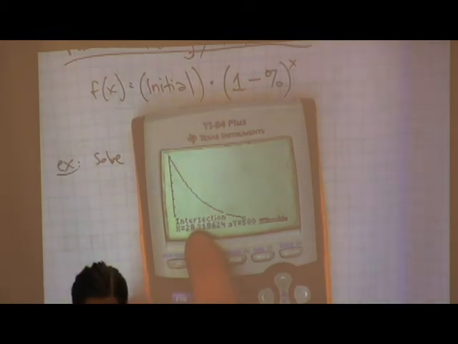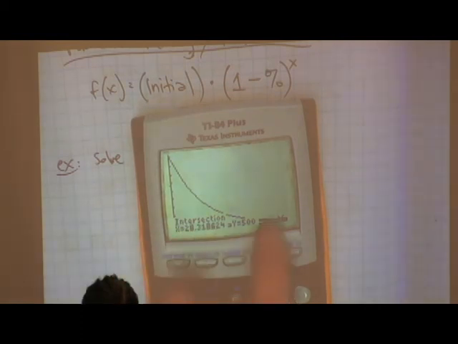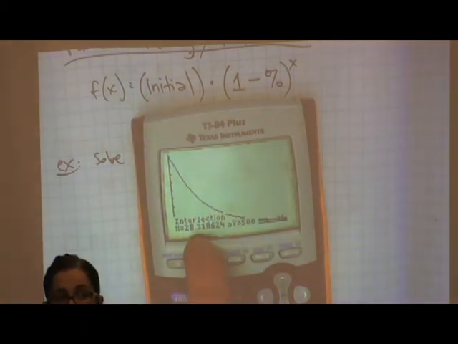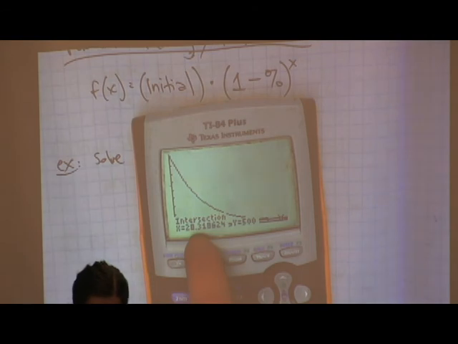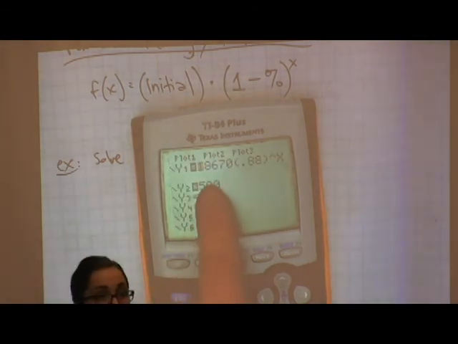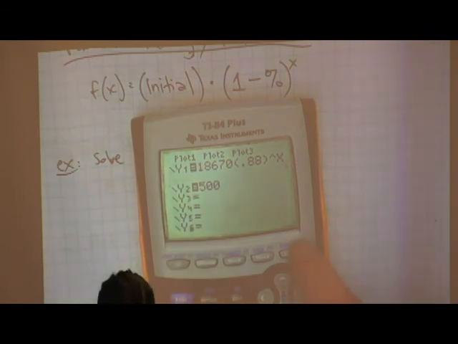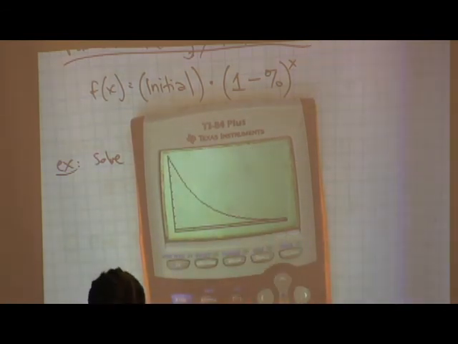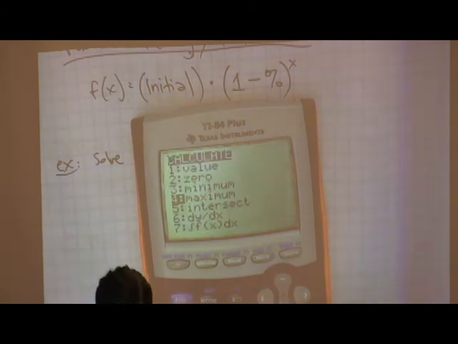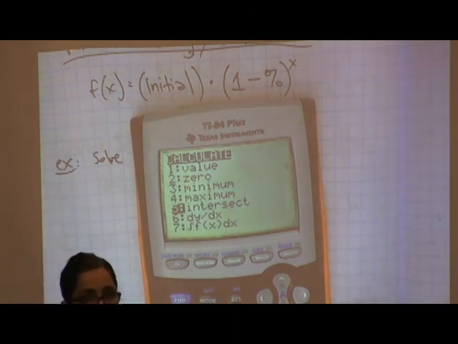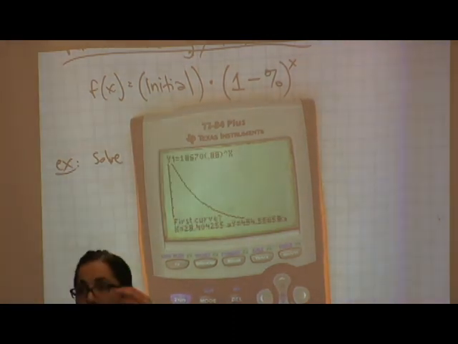So here, by using my graph, I can see that it's exactly at 28.3. Did we get this part? Okay, so when I have my graph, I have my two lines, and I'm going to get the intersection of those two lines. So that's under calc. So I go to second calc, and I go to intersect, which is 5. It asks me 3 questions.